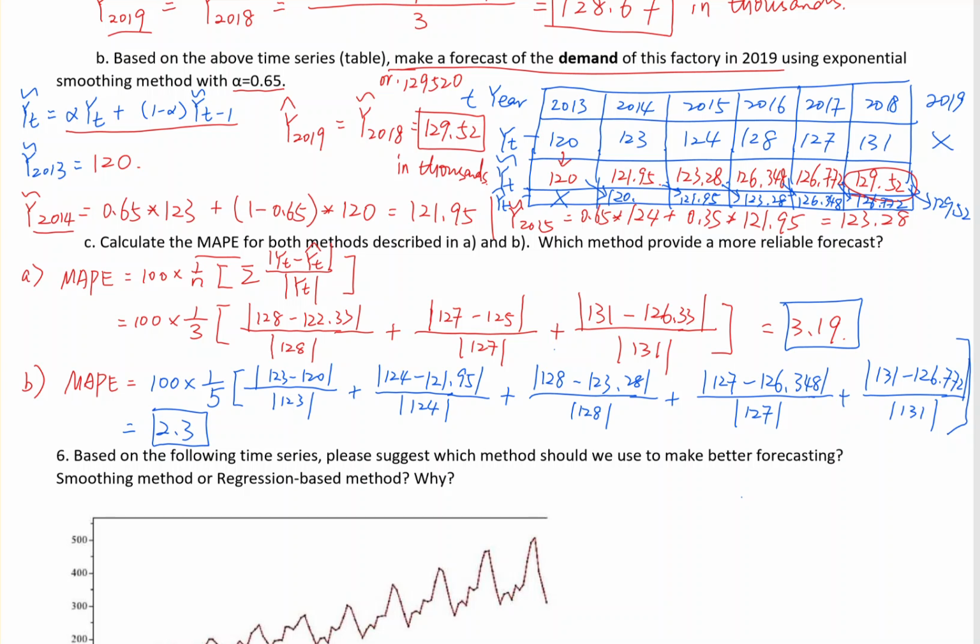From the MAPE, the MAPE for the moving average method is 3.19, and the MAPE for the exponential method is 2.3. So which method provides a more reliable forecast? Exponential method, right?